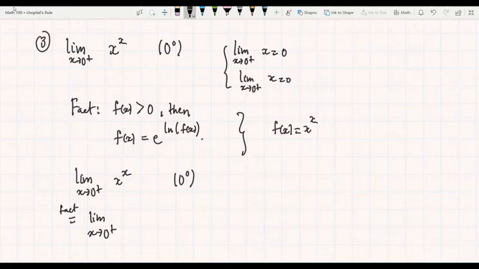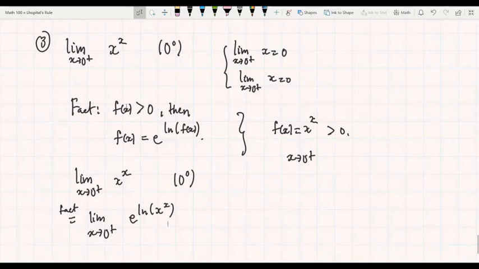We need to verify that this function is positive. Well, since we are getting the limit as x goes to 0 plus, we are getting values that are positive. So x to the x is always positive. So using the fact, we can rewrite this as e to the ln of f of x, or e to the ln of x to the x.